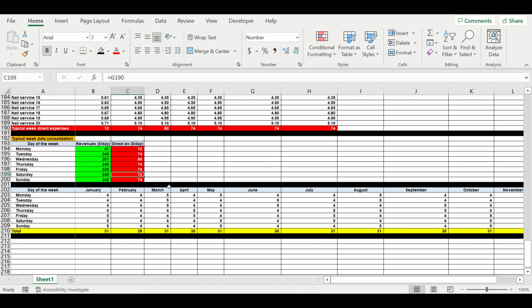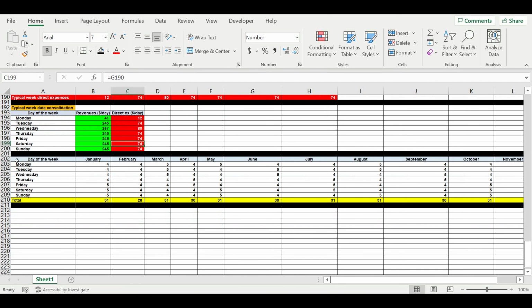So today we will calculate the revenues and add a seasonality parameter to our model. We are starting by creating the table for revenues without seasonality.